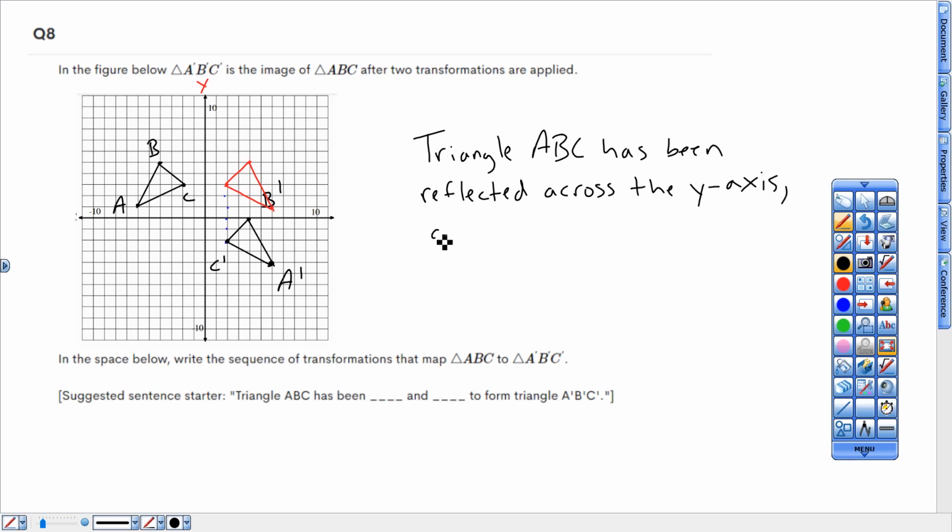And translated down 5 to form triangle A prime, B prime, C prime. That's what I would write on that one right there. All right, almost done.